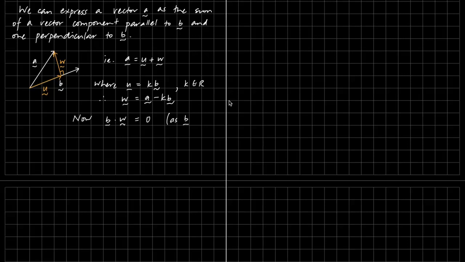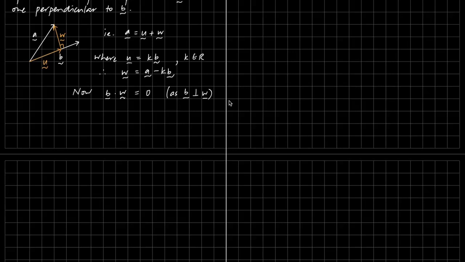So that's because B is perpendicular to W. So I know the dot product of two perpendicular vectors is going to be equal to 0. Alright, let's substitute in here then for W. So I said W is equivalent to A minus KB.